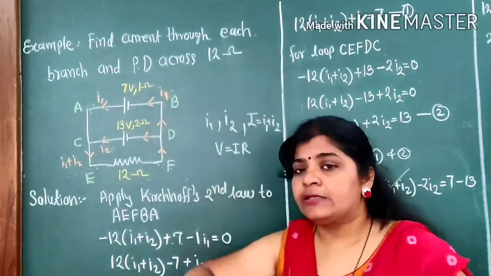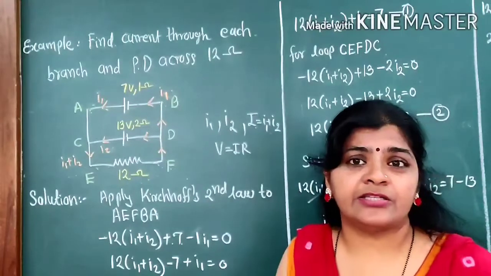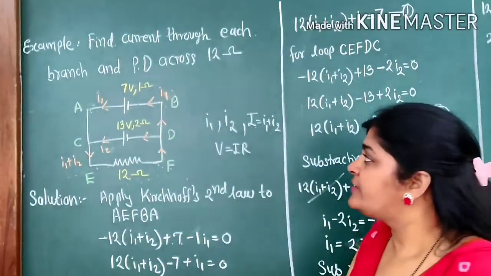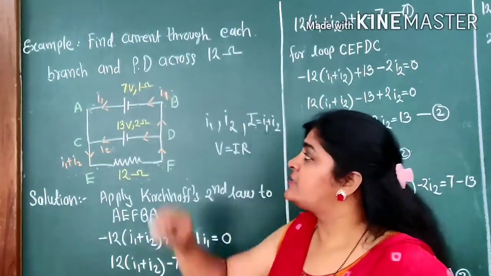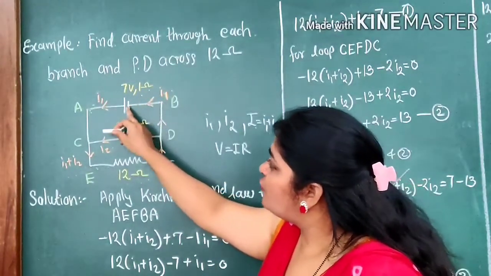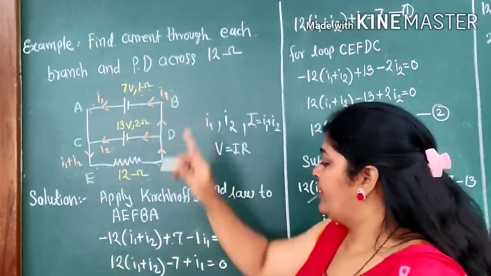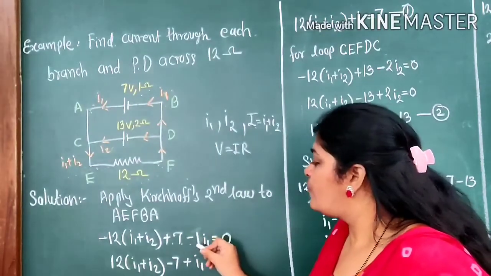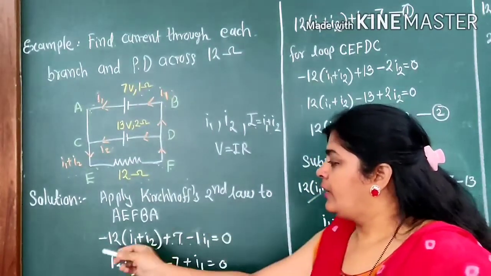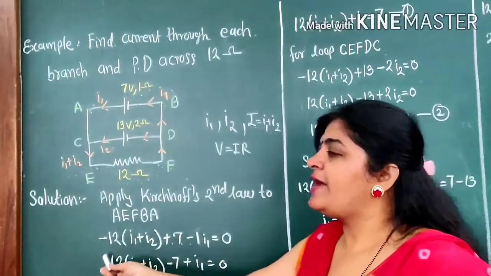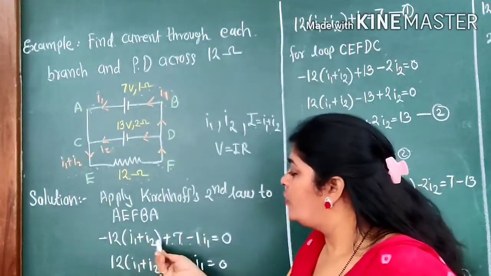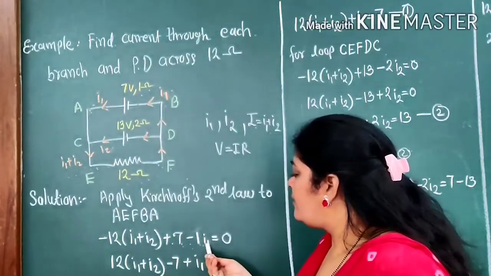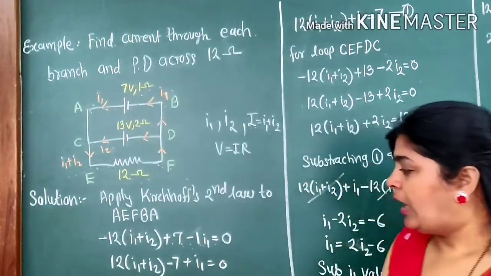This cell also has an internal resistance, so that potential difference is also added. The internal resistance is 1 ohm and the current flowing through this branch is I1, so in the same direction of current it becomes minus 1 into I1. The equation becomes minus 12 (I1 plus I2) plus 7 minus 1 into I1 is equal to 0.